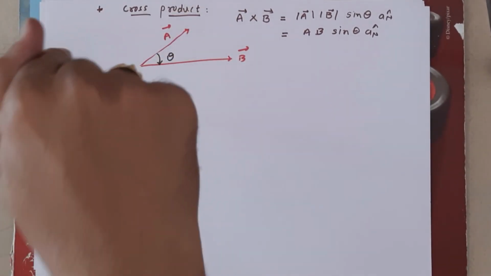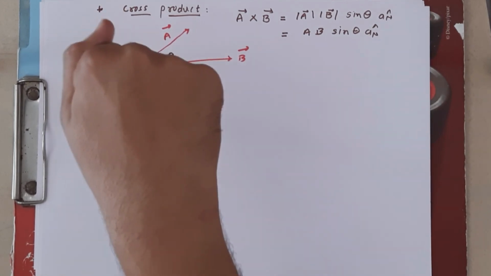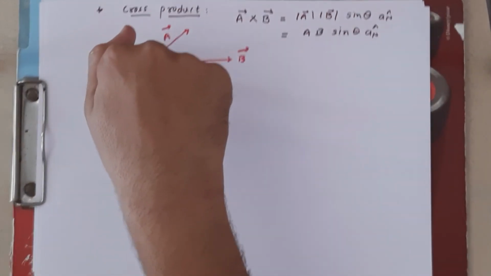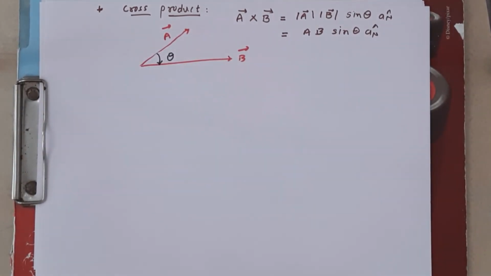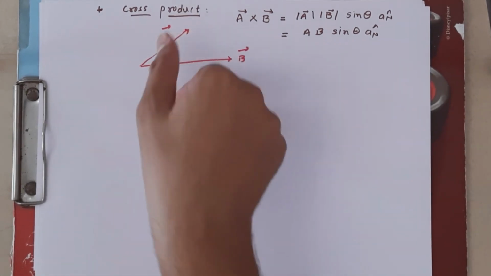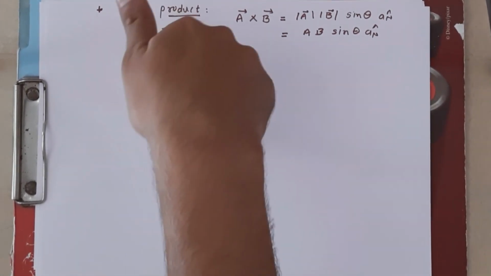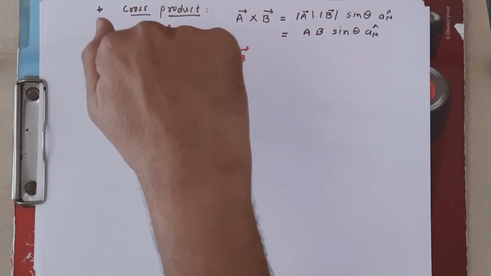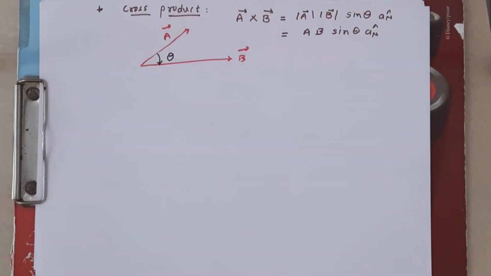Clockwise direction means the resultant vector is inside the page. In a reverse way, if I have to do B cross A, that means anti-clockwise direction, so the resultant vector is outside of the page.